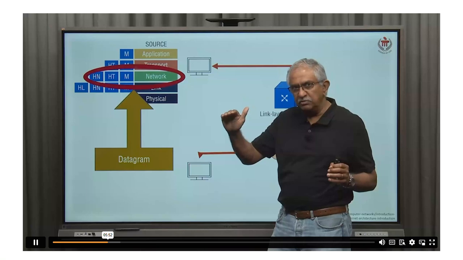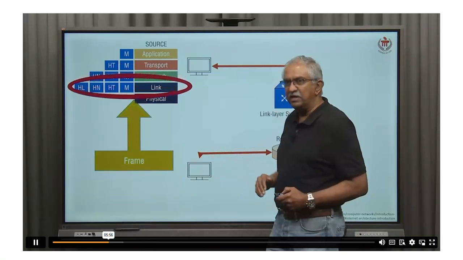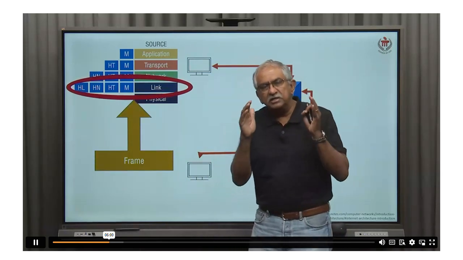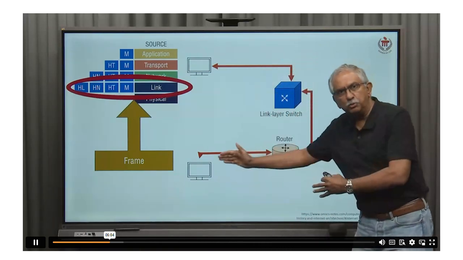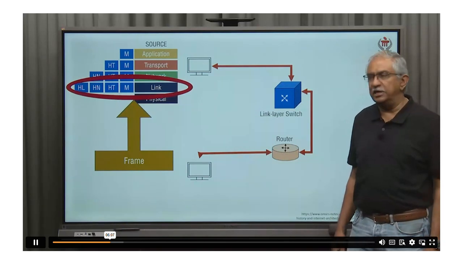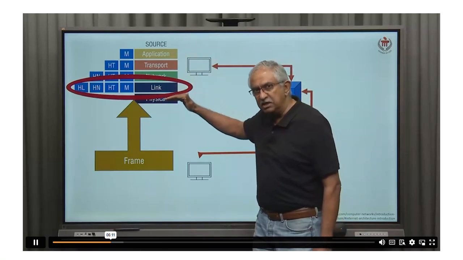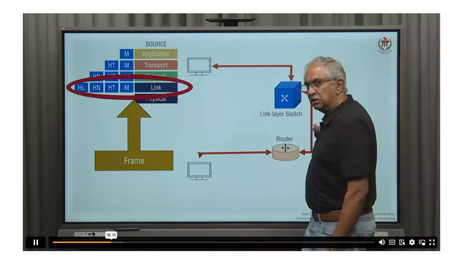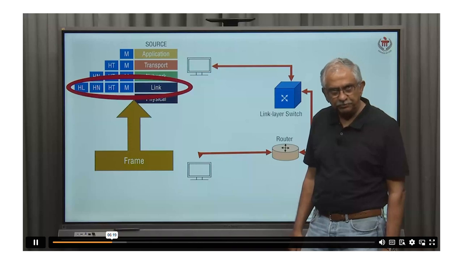Message becomes a segment, becomes a datagram. The datagram, when it finally gets down to the link level, becomes the frame. And it is this frame that actually gets transported across the physical layer. So the message ultimately becomes a frame, and the frame gets transported over the physical link.